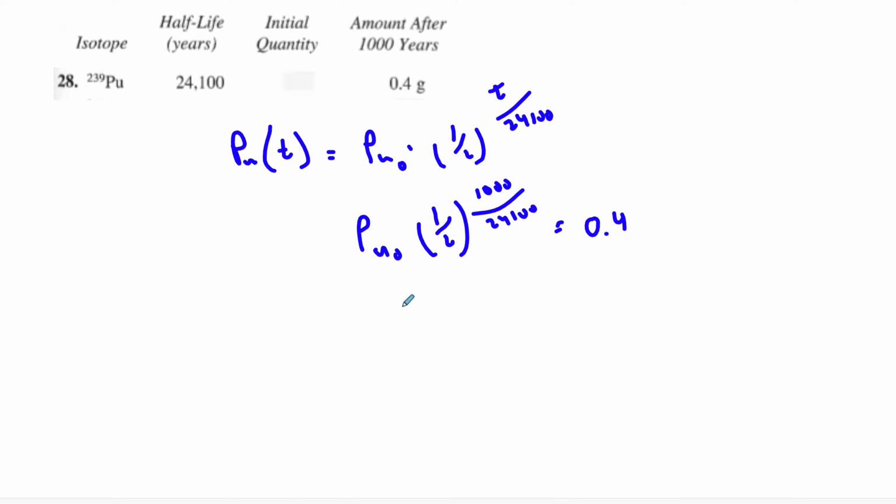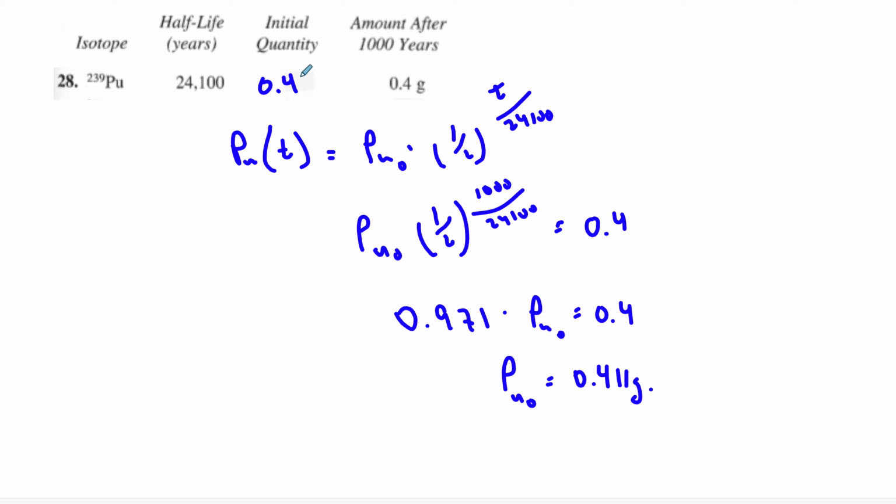As a matter of fact, it is 0.971. So we divide both sides, and the initial amount of plutonium is 0.4 divided by 0.971, aka 0.411 grams. Not much more than after 1,000 years. But if you look at that half-life, not much has gone away at that point.